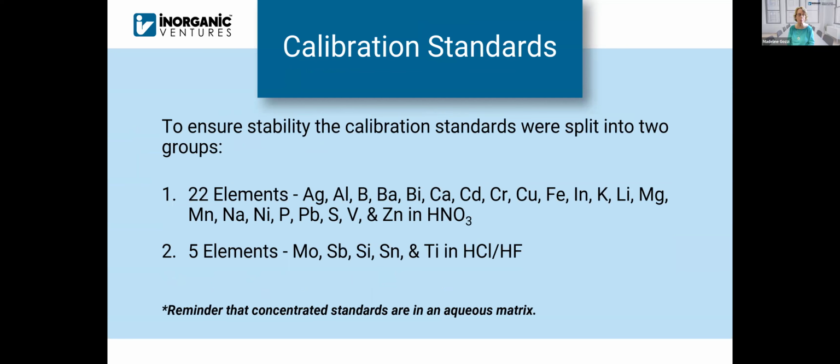We'll talk about that a little bit later. 5 of the elements are in hydrochloric acid with a low concentration of hydrofluoric acid. In the final calibration standards, we are in dilute hydrochloric acid in these standards, and it is very, very trace HF.